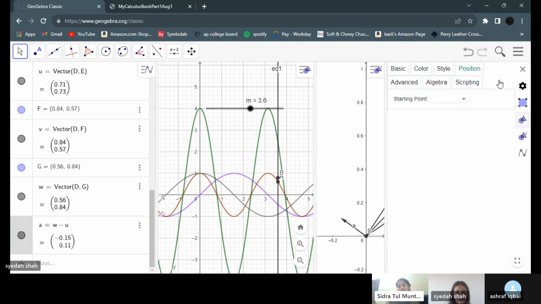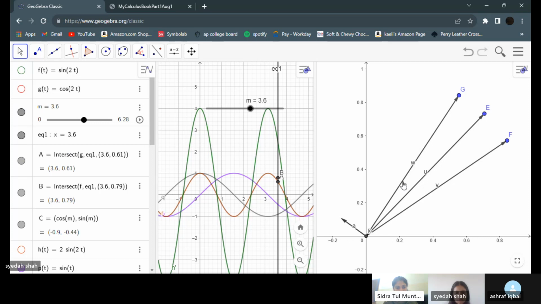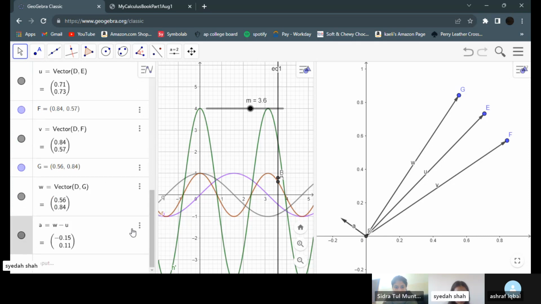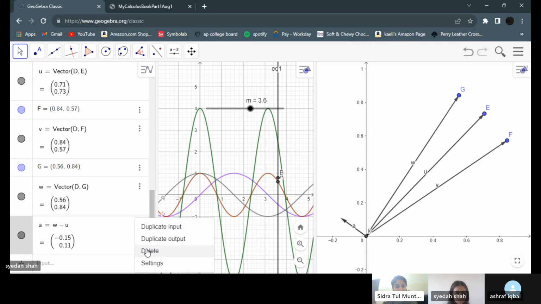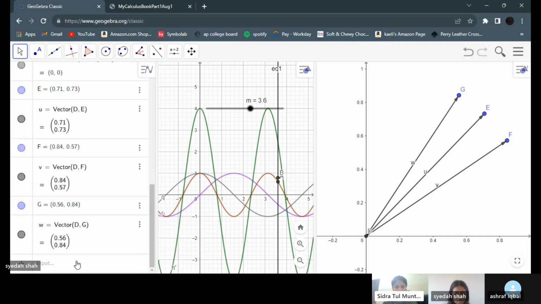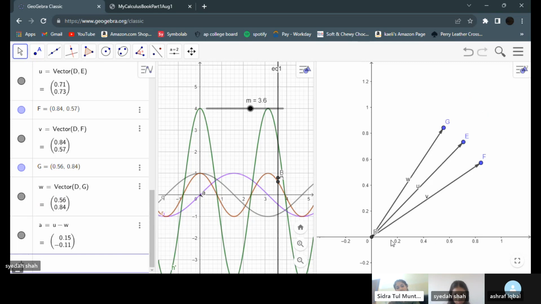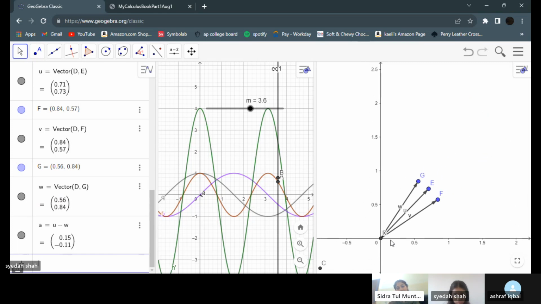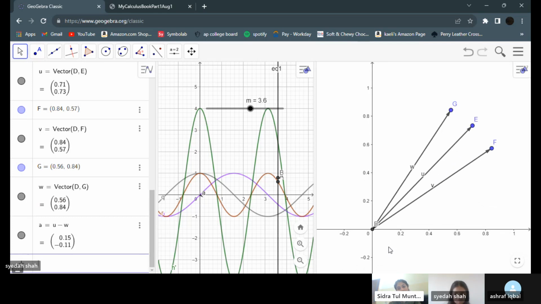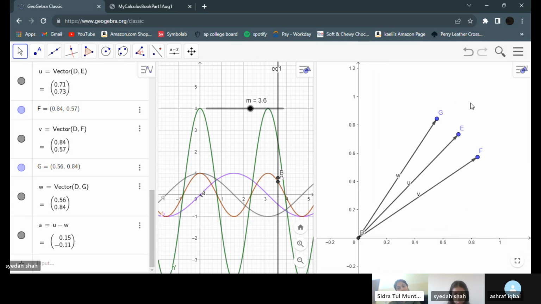Sania, you can just shift the order, make it u minus w. Okay, so now you have taken the difference of these vectors. To find velocity, you have to divide it by the time as well. So our time is in between these two points.